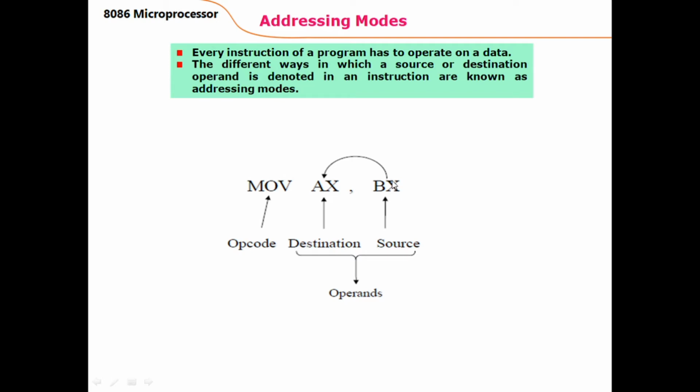The direction of the data movement is shown by this arrow. So this move instruction will move 16-bit data in the BX register to the AX register. So this BX register is the source of data, and this AX register is the destination of data.